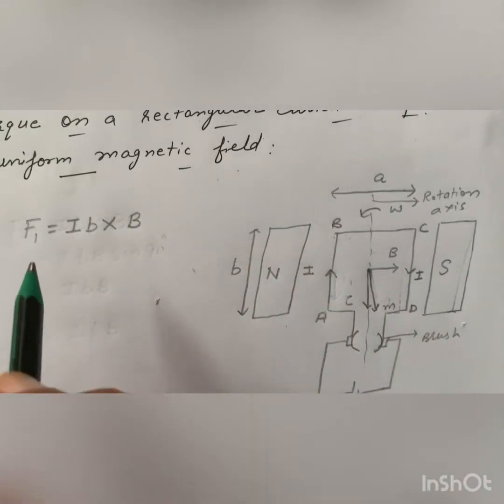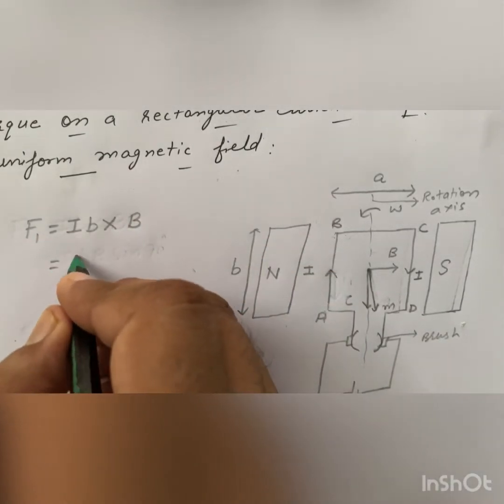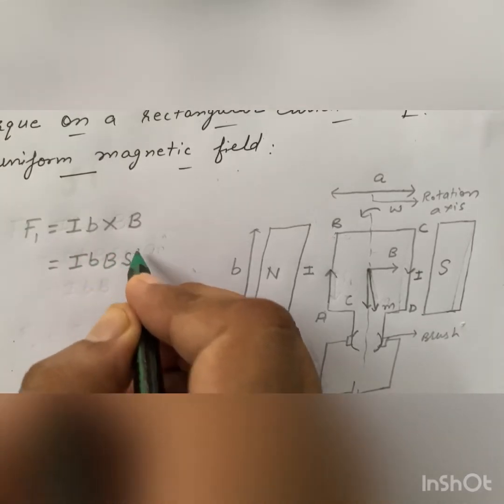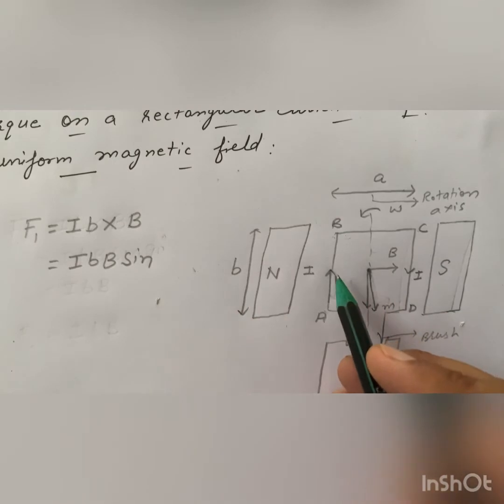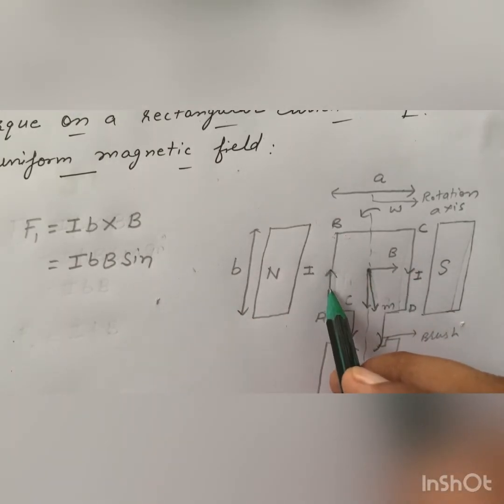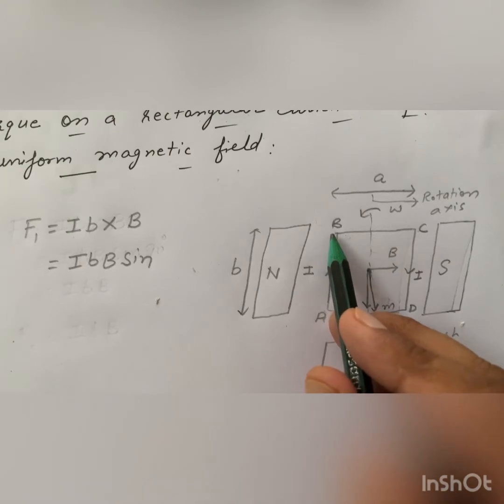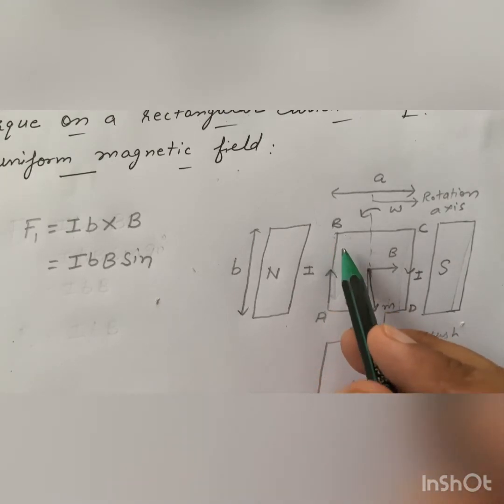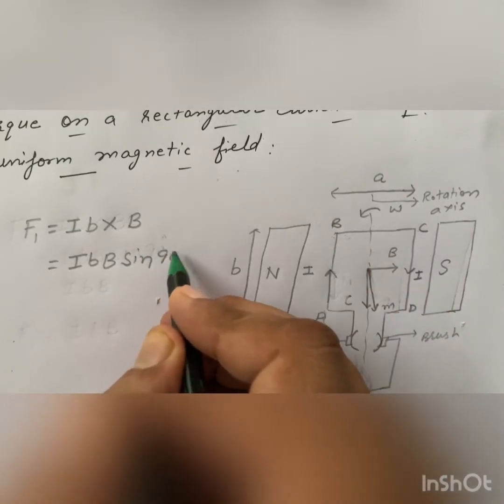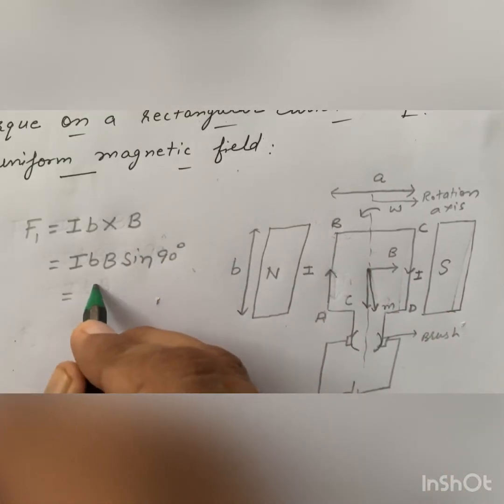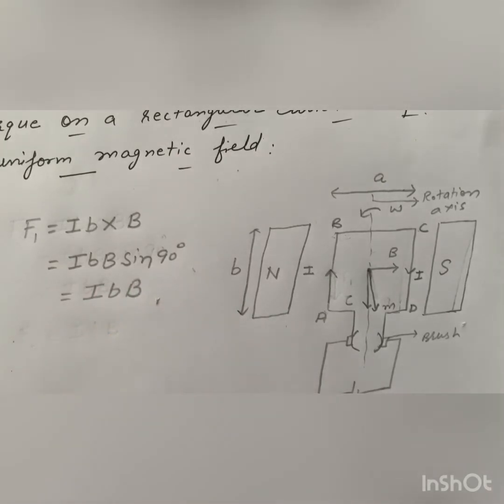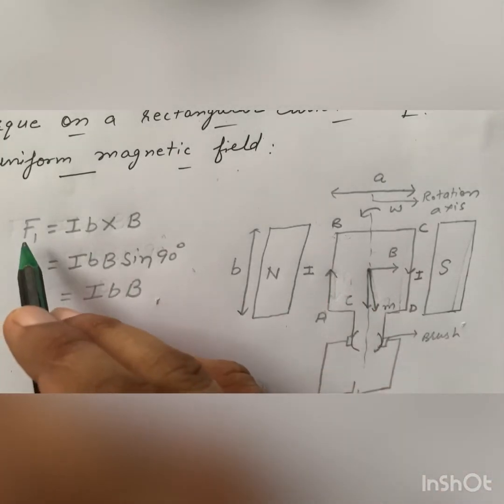Here we see I b B sine of the angle. The magnetic field is in this direction and the conductor is in this direction, so the angle between b and B is 90 degrees. We know that sine 90 is 1. We get I b B. Now the direction of this force F1.